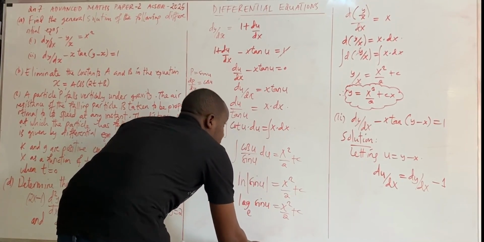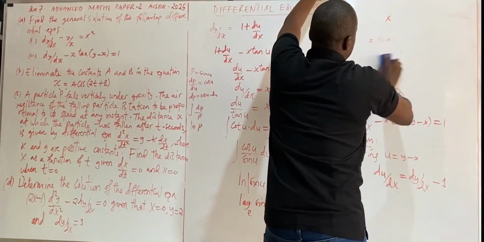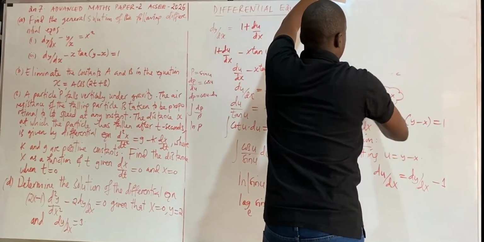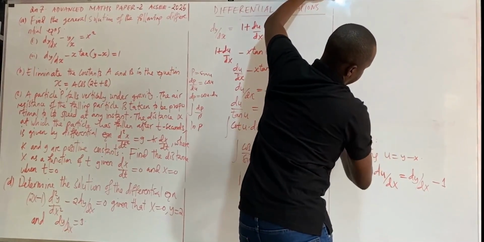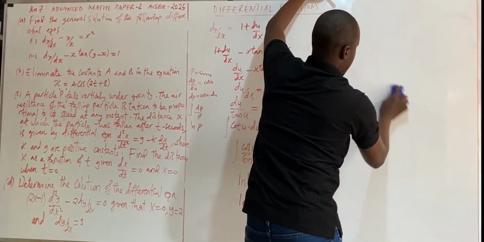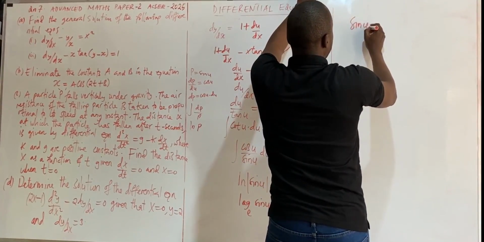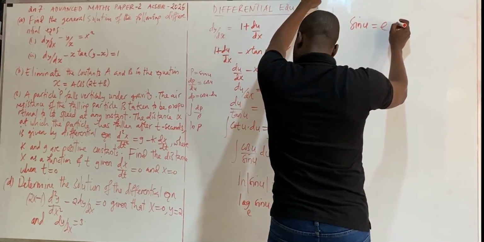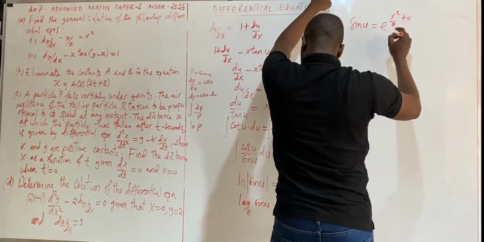If we express in exponential form, we end up getting sin u equals e raised to x squared over 2 plus c.